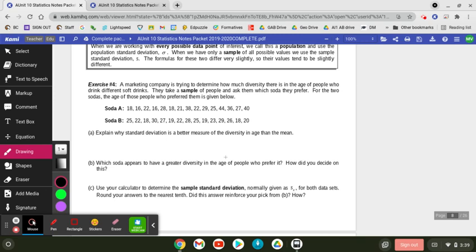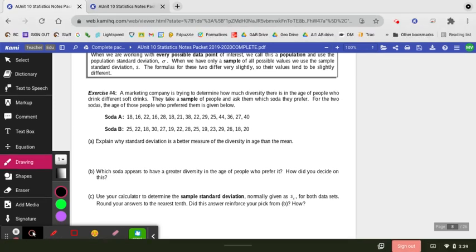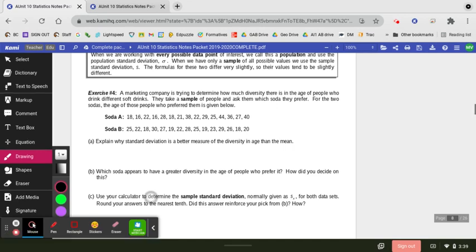So our standard deviation is better because it tells us how far from the mean, and it's not as affected by outliers.